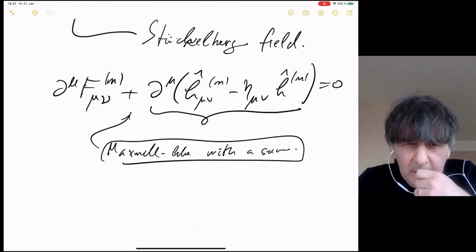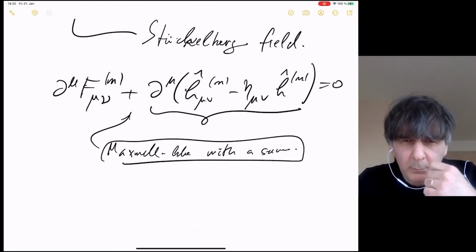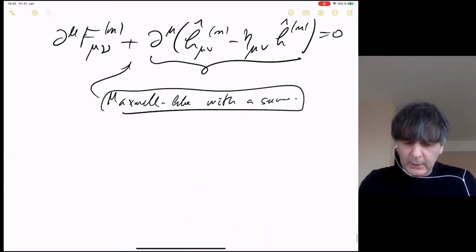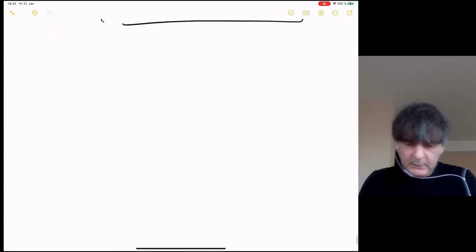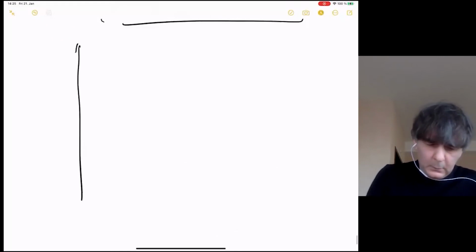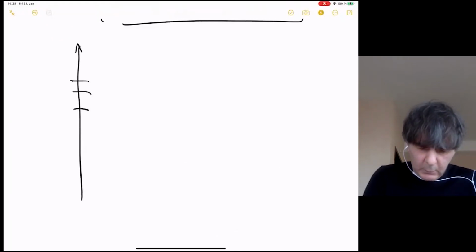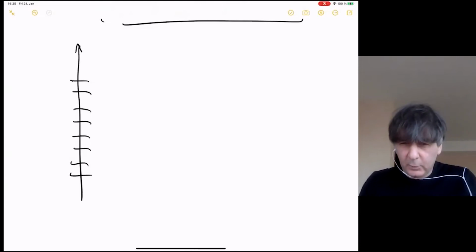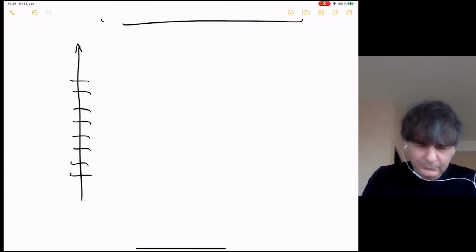Does every level M of the tower have the same number of degrees of freedom? Yes, exactly. Every level M has the same number of degrees of freedom. Okay, we have this tower. Let me write it in a discrete form, because so far I didn't compactify.